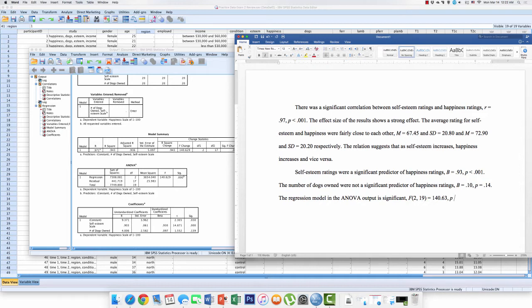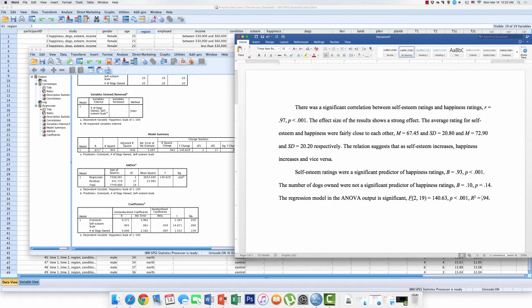Oops, I should have taken off italics. There you go. After you report the p-value, you're going to put in the r-squared and then give a brief description of it in the following sentence. So there you go. R-squared equals 0.94.